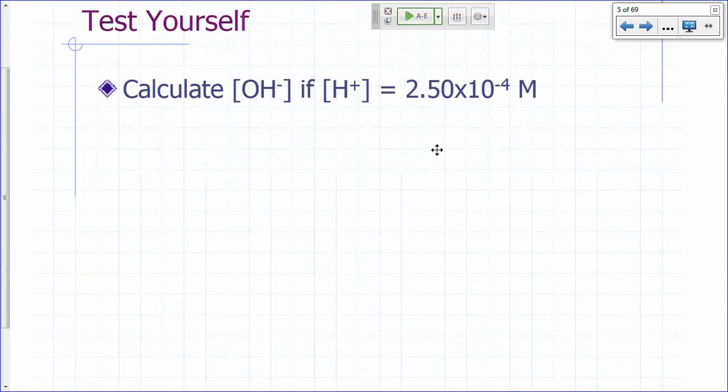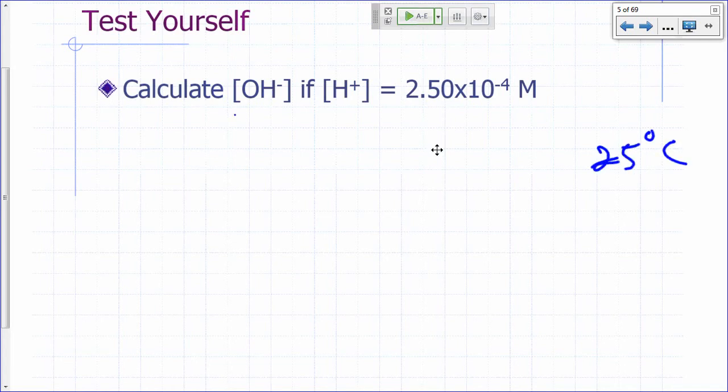Calculate hydroxide if H plus is 2.50 times 10 to the negative 4 moles per liter. Unless otherwise specified, when we talk about these reactions, you can assume it's at room temperature of 298 Kelvin, or more precisely, 298.15 Kelvin, since we're dealing with 25 degrees Celsius.